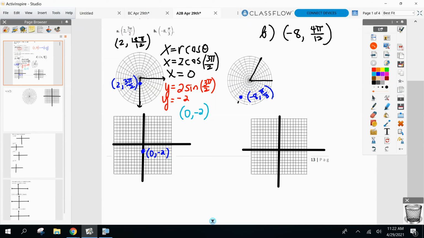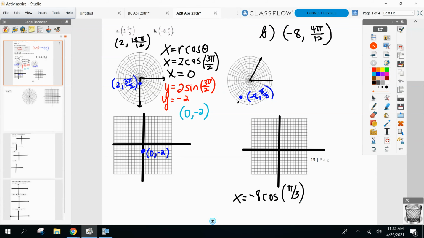And you're ready to convert it with me now. Convert it into an x and a y coordinate. So the x coordinate, r, -8, cosine pi over 3. And again, like Nick said, if you want to turn that into degrees, that's fine.